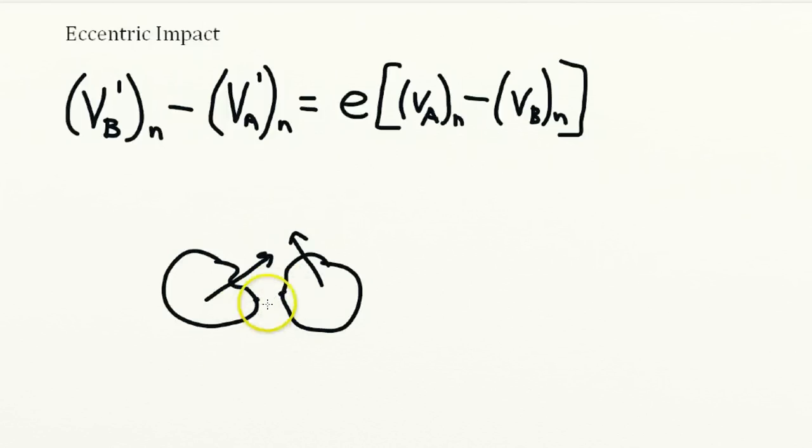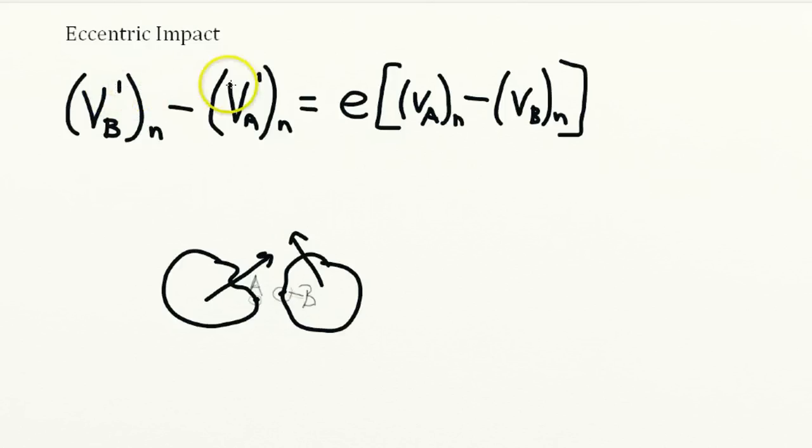this point here. And so what this notation is saying is, we would take the velocity, let's label this point A, and this point B. So here's A, B, and then this is the velocity after the collision.